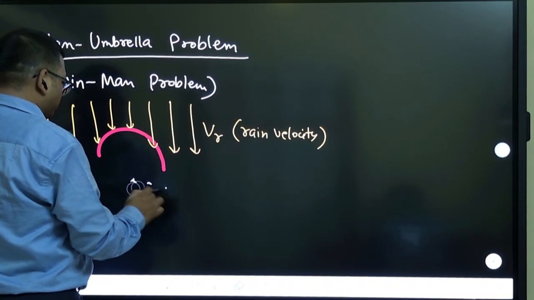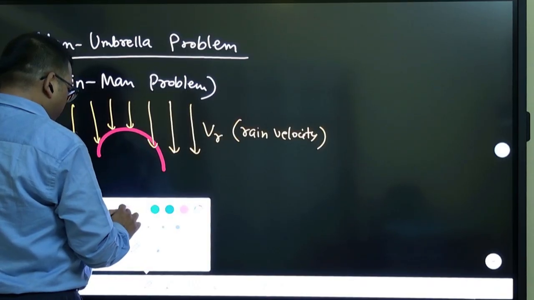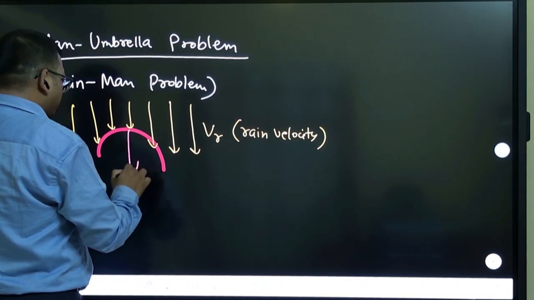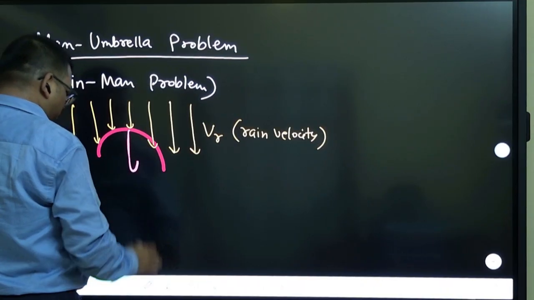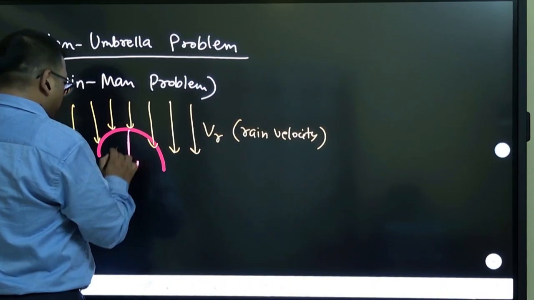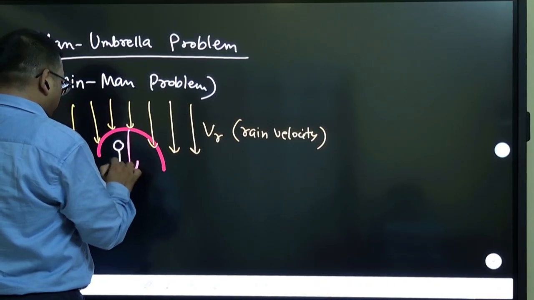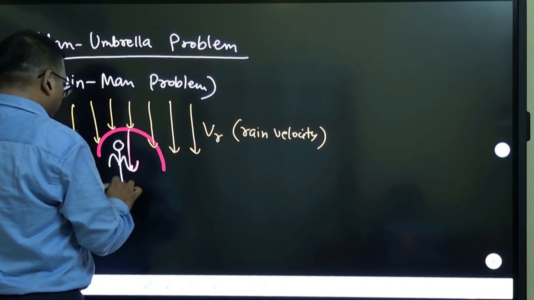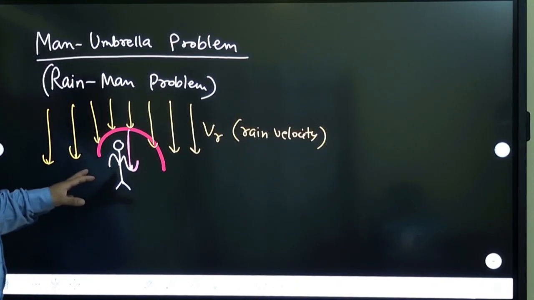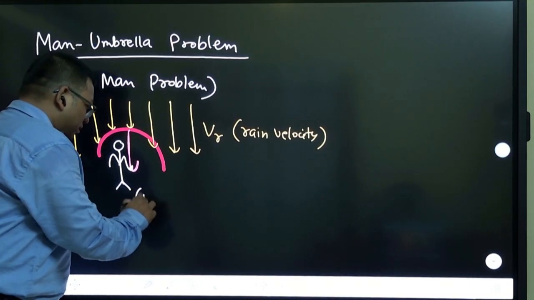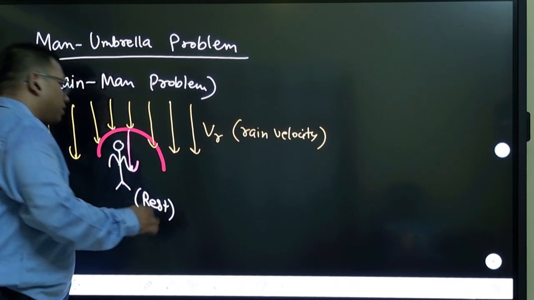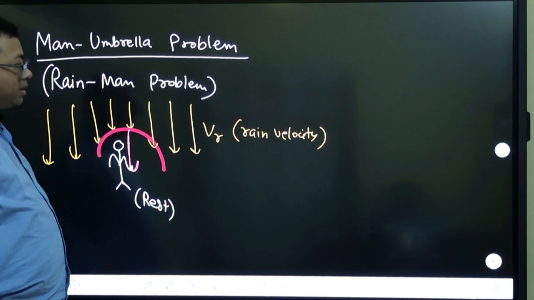So suppose that this is the umbrella handle, and the man is holding this umbrella. The man is right now at rest, and he is seeing rain coming directly downward.